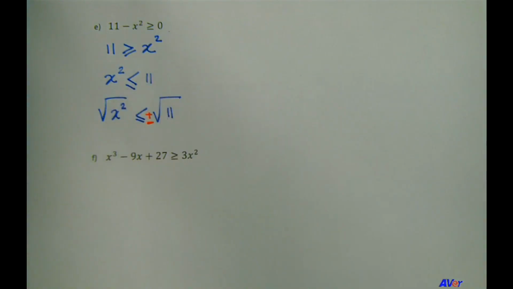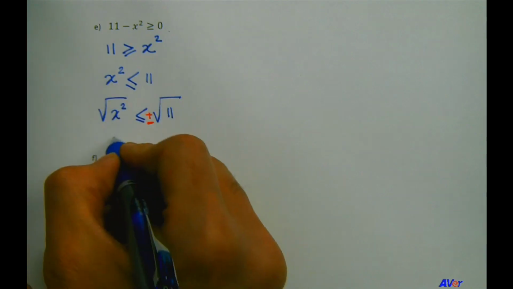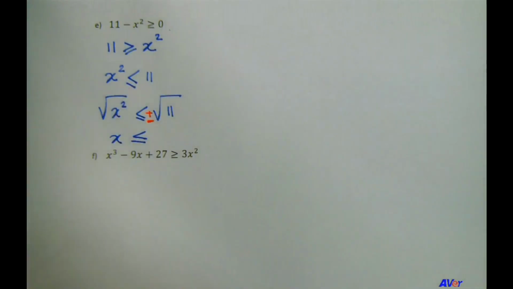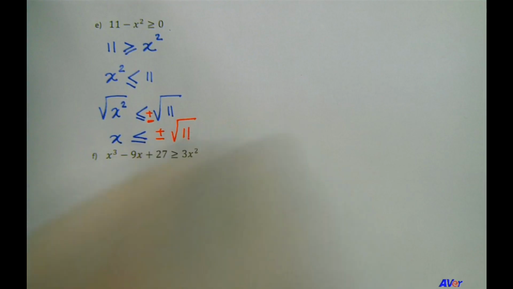If it does represent a distance or the radius of a circle, you just toss out the negative one and accept the positive version. So what do we have here? We have x less than or equal to plus or minus square root of 11.